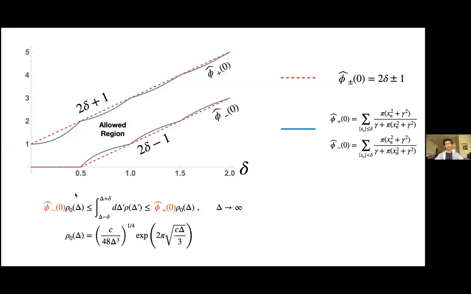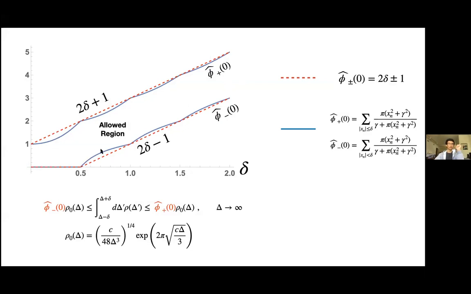So we derived these bounds, and one simple bound we derived is this red dashed line, the values of the 0 mode to delta plus minus 1. This was derived from the Selberg functions, and for to delta integer, this is optimal.